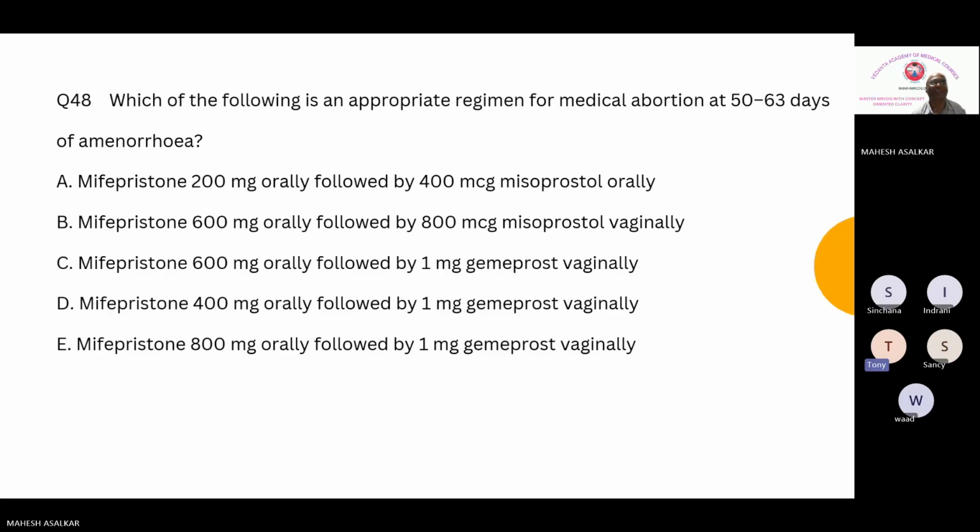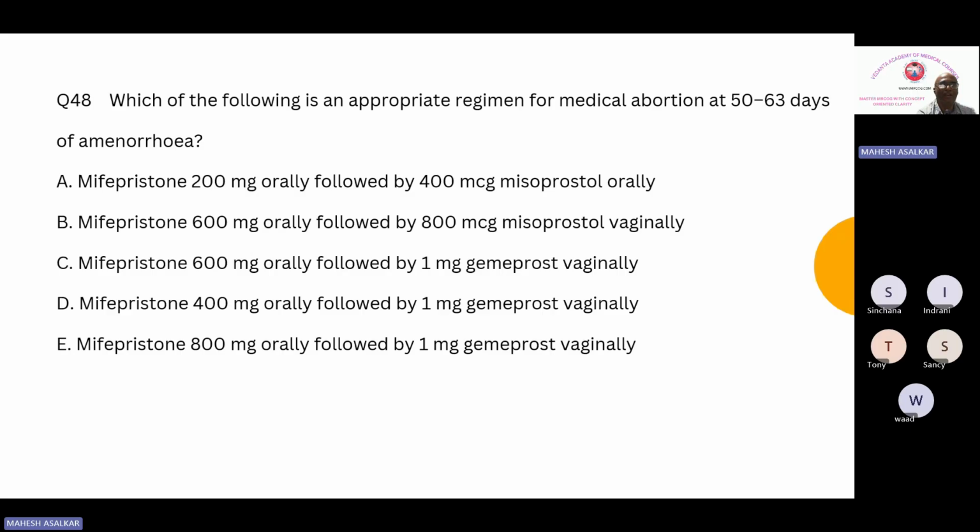Option D, sir. B or D? See, 400 microgram miso is only up to 49 days. So 800. In mife we have two doses, 200 and 600. For between 50 to 63 days, I think both doses can be used.